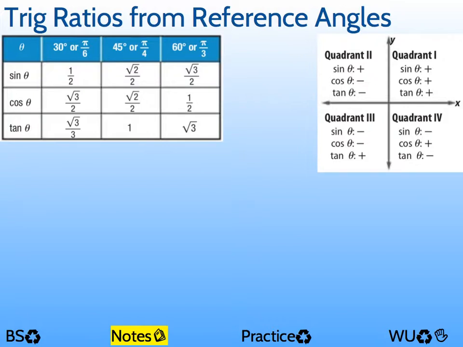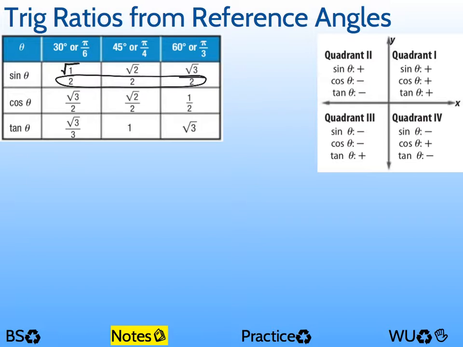Now this seems complicated. How am I going to remember all of these things? Well, let me show you one thing. The denominator of all of these is 2. And look at the numerators. You have 1, 2, and 3. Man, wouldn't it be great if they were all under a radical symbol?